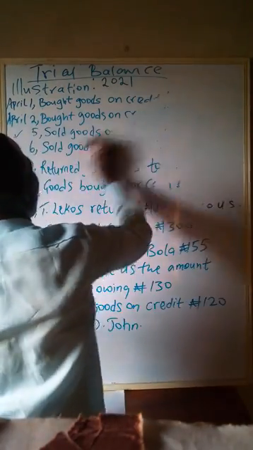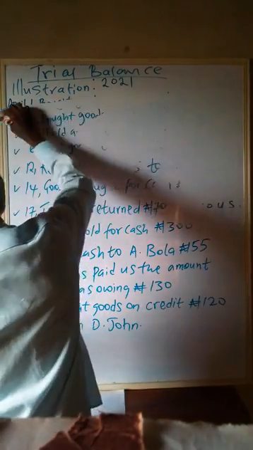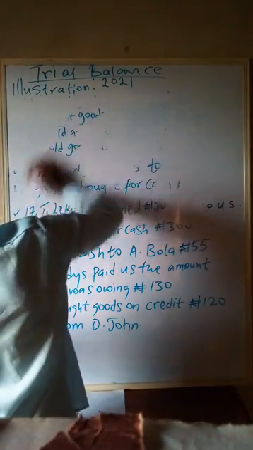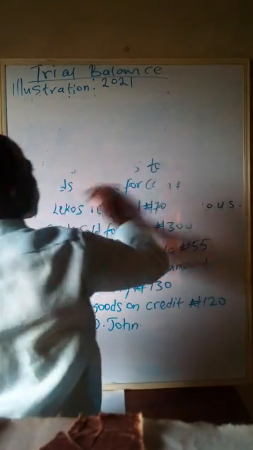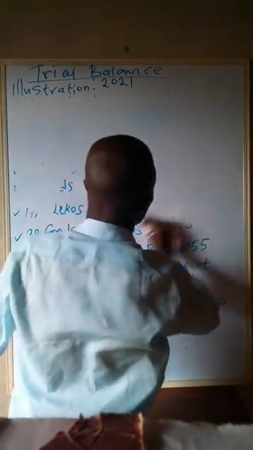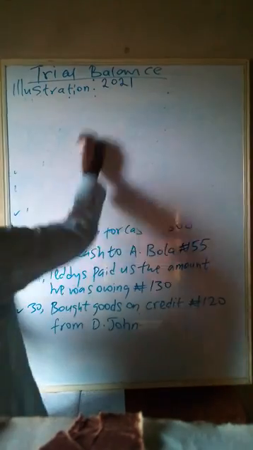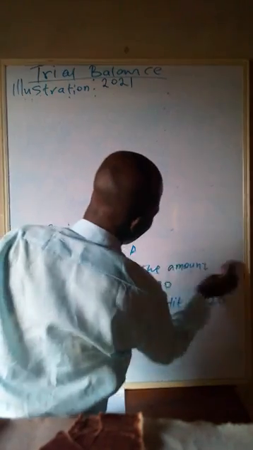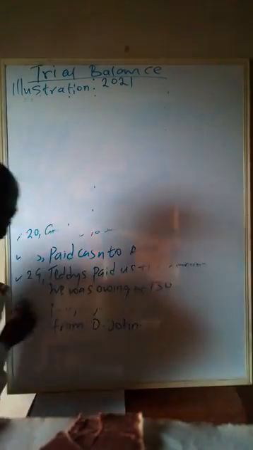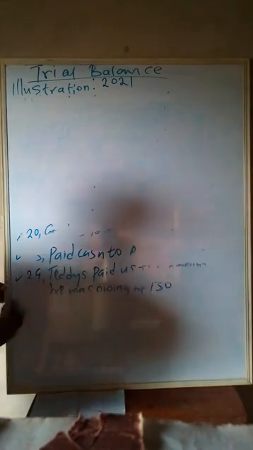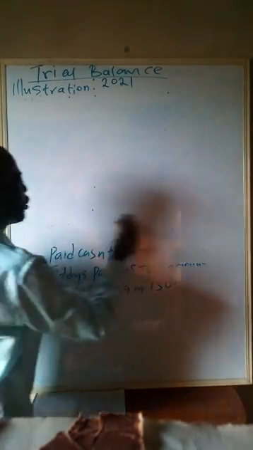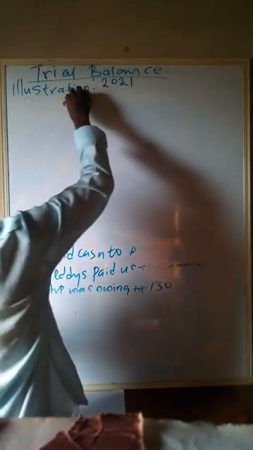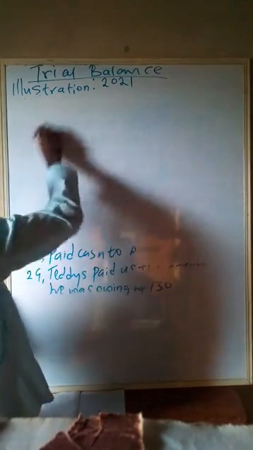And trial balance is what we are covering today. Trial balance is the preparation of accounts to bring out the balances and post the balances to the trial balance, and then cast it, making sure that both sides are equal. Both the debit side and the credit side are equal, and that is the trial balance.